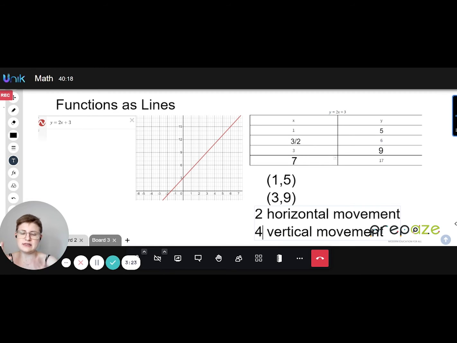This is all the same language. In this case, we would have 4 divided by 2, which is again 2. So we're ending up with the same result, and that means if you take any 2 points on this line, you'll find that that rate of change, the change in output in relationship to the change in input, is always going to be 2. And that's the characteristic of our lines.